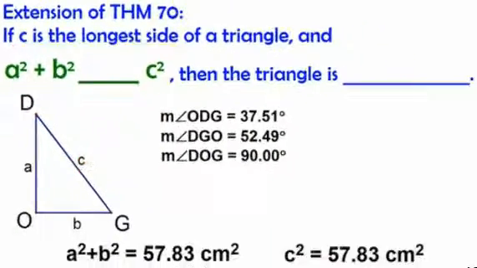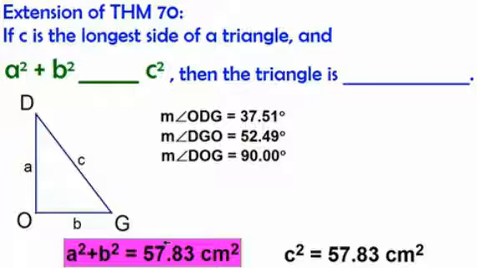If I have A squared and B squared, and I add them together, the sum in this example is exactly equal to C squared. So you see that this 57.83 is exactly this 57.83.